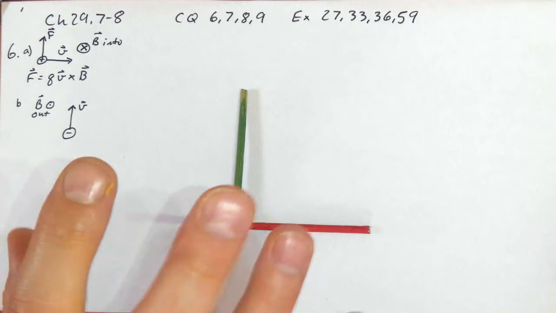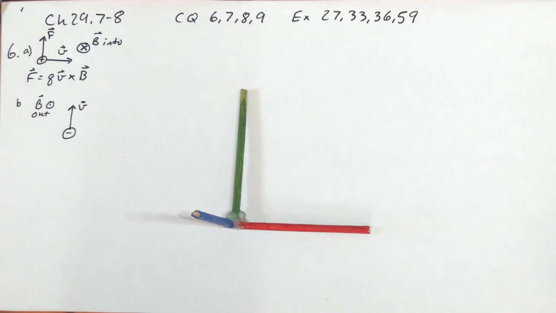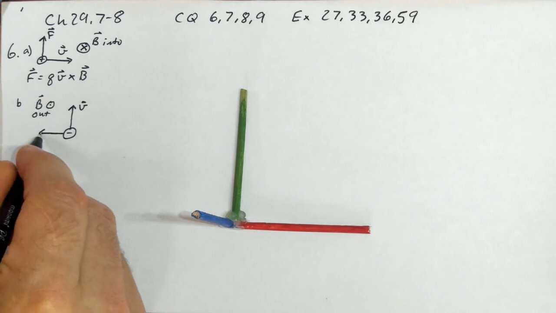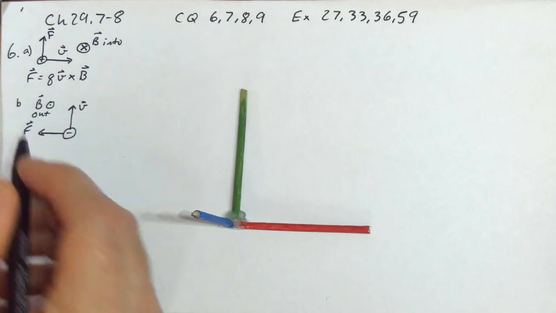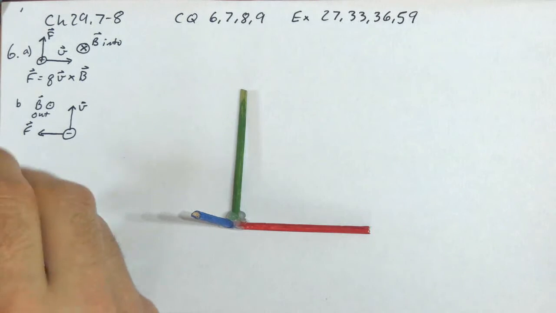The right-hand rule works for positive charges, but if I have a negative sign there, I just flip whatever my final answer is. Since my right-hand rule said it's going to point to the right, the force on this will be to the left. Isn't this nice? This is so much nicer than my hand. Now let's move on to number 7 and try to apply these same principles.